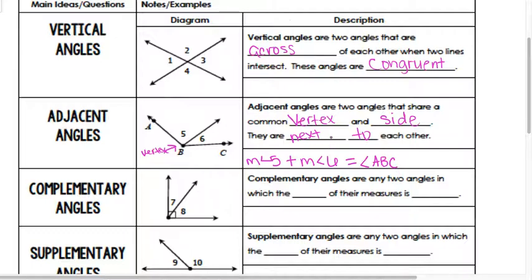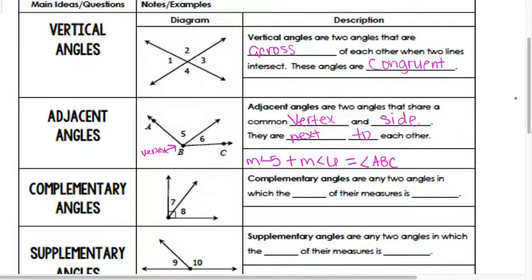Now, one way that I like to remember adjacent is kind of like a wall that separates two rooms. That's what this side is. This ray right here, it is separating these two angles. So it is essentially the wall that separates the two areas.